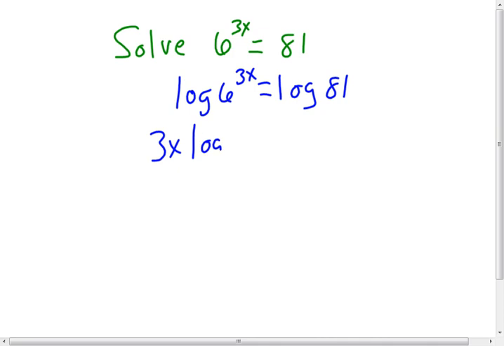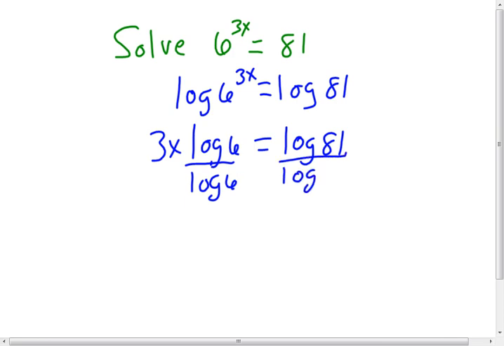So 3x log of 6 is equal to the log of 81. And we're going to divide both sides by log of 6 in order to get rid of that. And of course those cancel, so that means 3x equals the log of 81 over the log of 6.